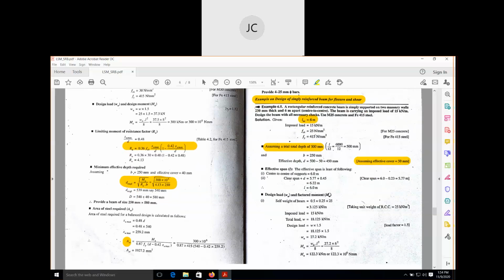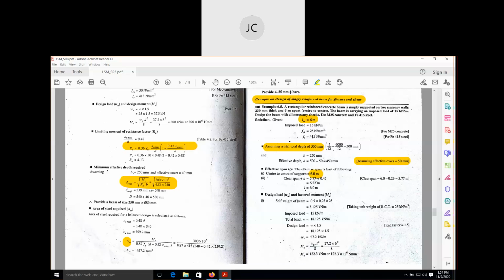Next, as I told you before, from clause number 22.2 you have to find out the effective span. For finding the effective span you have to find two values. The center to center distance between the supports, which in this question is directly given as 6 meter, and the second value is clear span plus d.